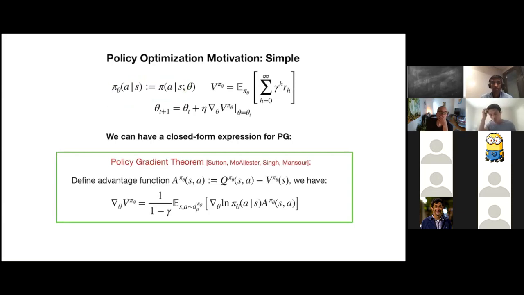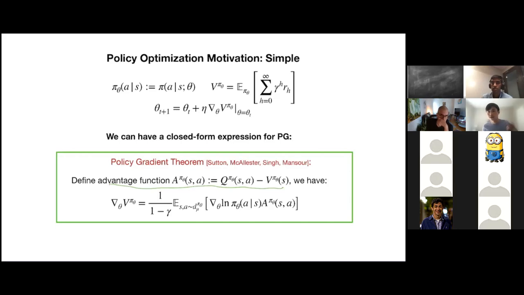One more last notation, and I promise this is the last notation. Let's define the advantage function, which is the difference between Q and V. The reason in the literature we call it advantage is that it quantifies the advantage of deviating to action A at state S compared to directly following policy pi.